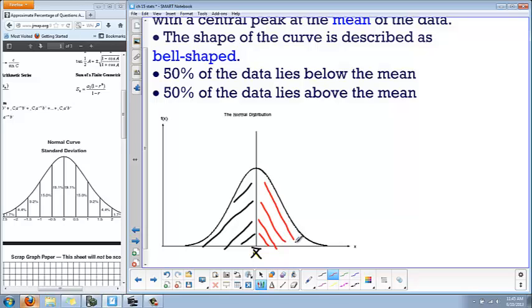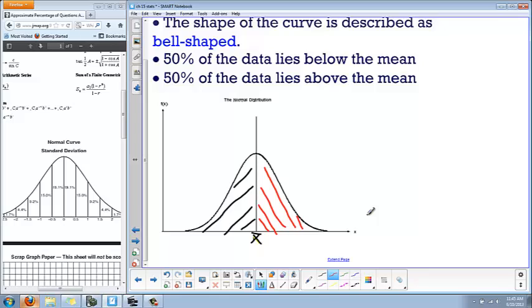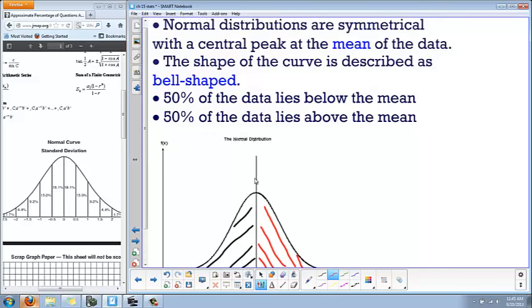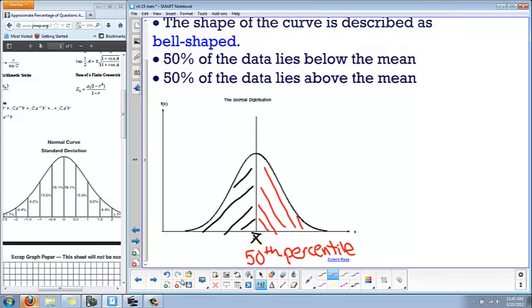We talked about this a little bit before when we were talking about quartiles and percentages. The average or the mean is always the 50th percentile, and that means that 50% of the information lies below this line right here, okay? So that's that.